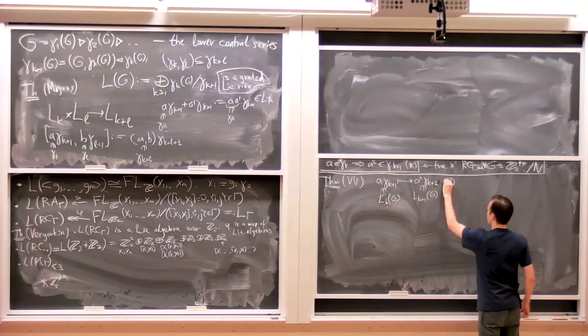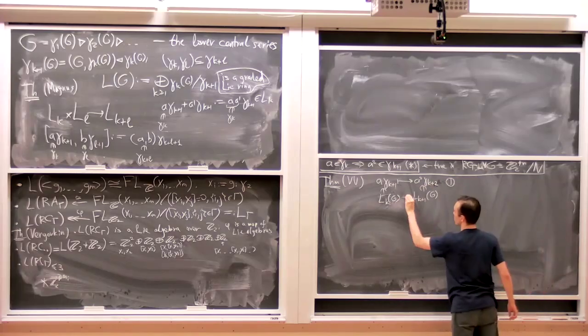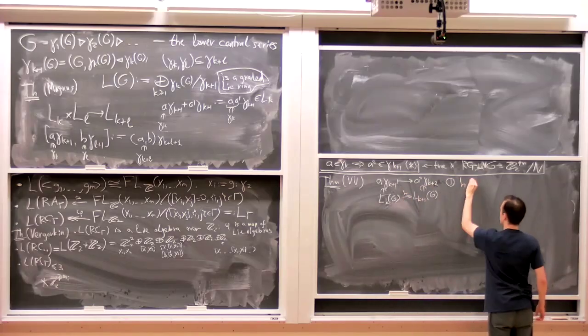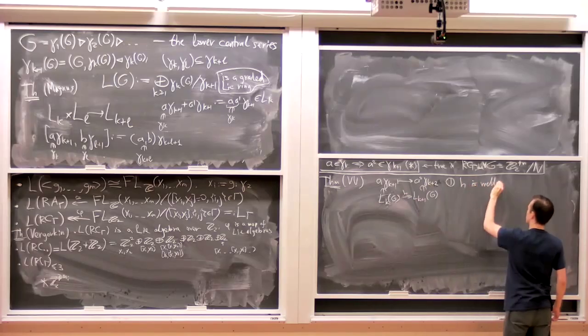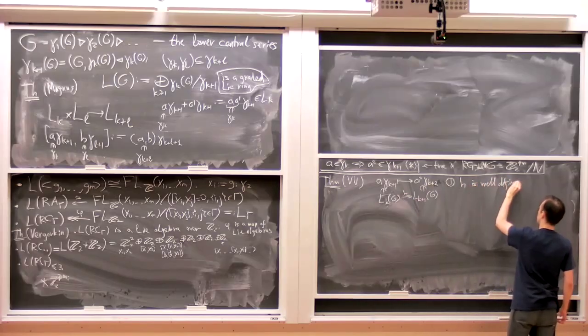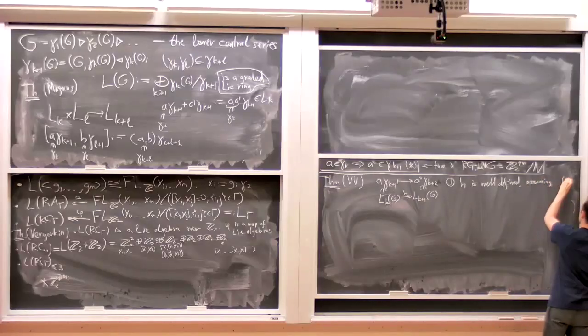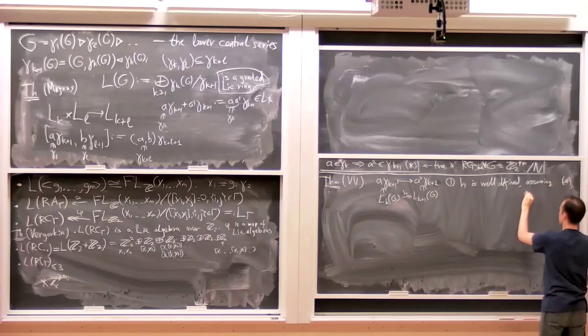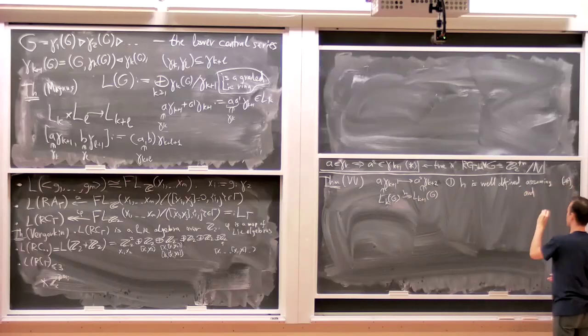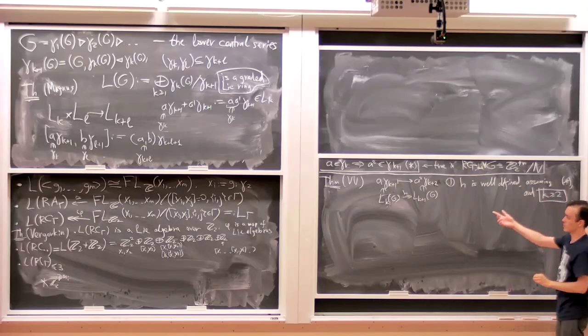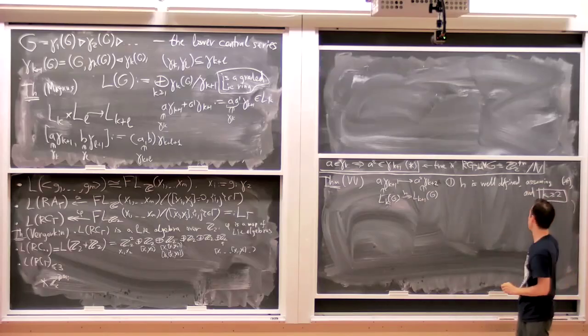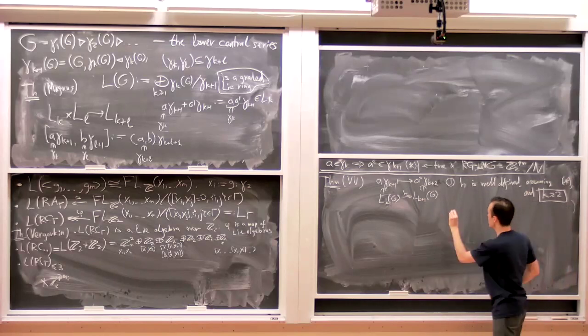And the theorem says that this operation H is well defined, assuming this property star, and if k is at least 2. In dimension 1, this doesn't work. It's important that k is at least 2.